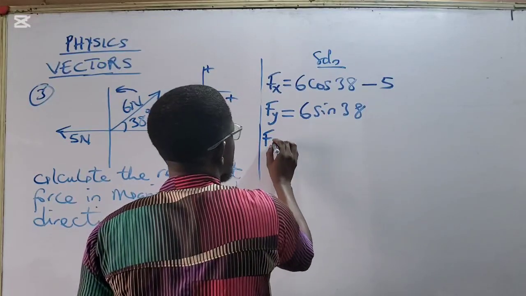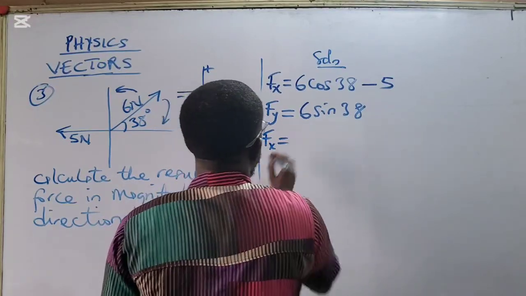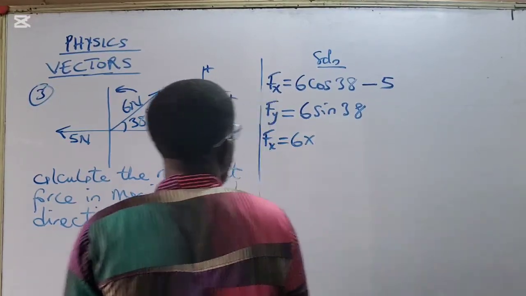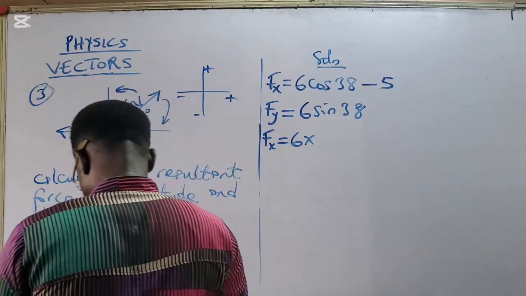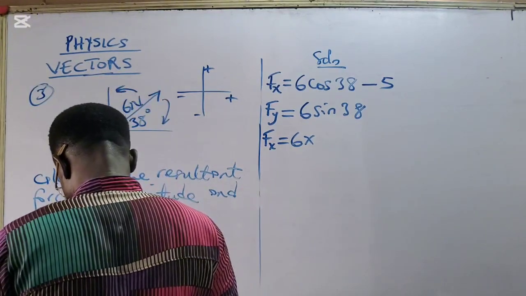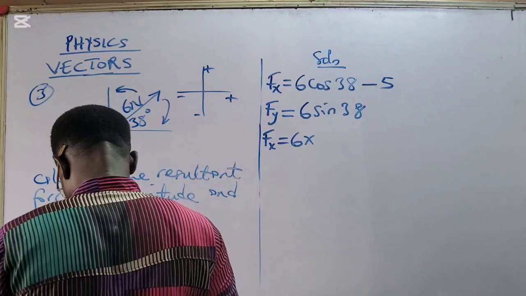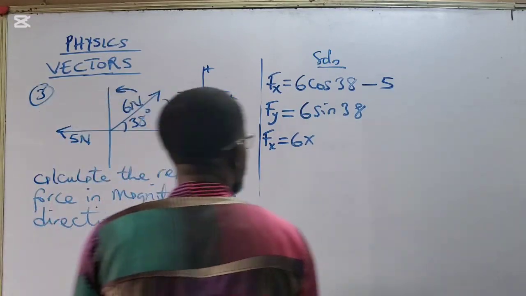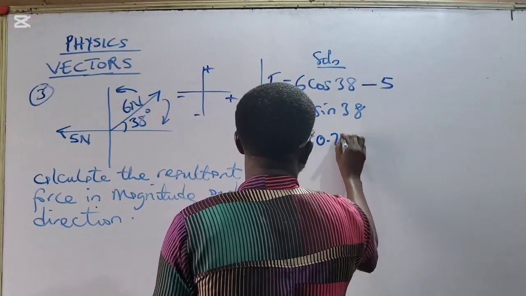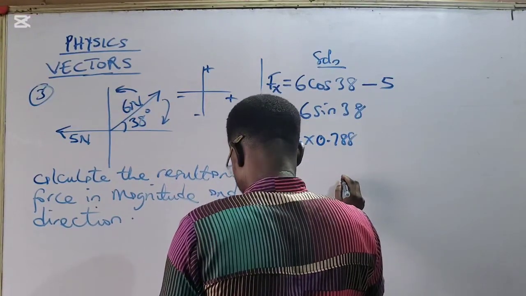Fx: we get the value of cos 38, which is 0.788.